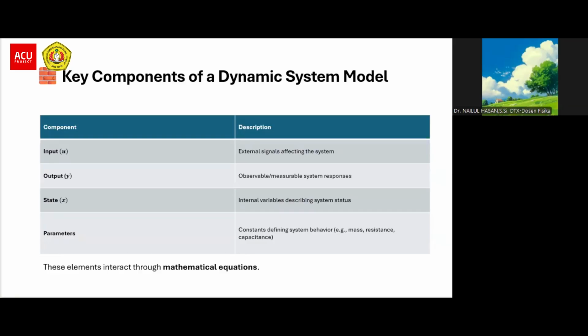And most importantly, the mathematical equations that connect them. This framework lets us not only describe what's happening, but also predict and control it. Now, there is more than one way to create such a model. Let's talk about the approaches we can use.